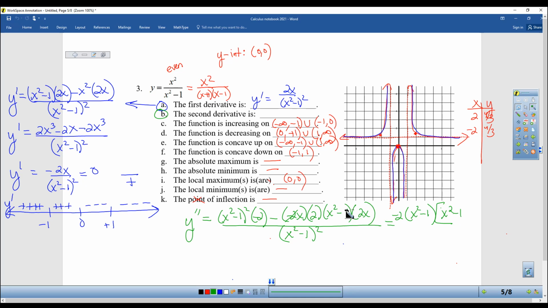And here, I took out the negative 2 and this, so I'm left with 4x squared, which is negative, over x squared minus 1 squared. This cancels with one of these, and I'm left with negative 2 times negative 3x squared minus 1 over x squared minus 1. Did I get that right? I think so. All right. It's ugly.